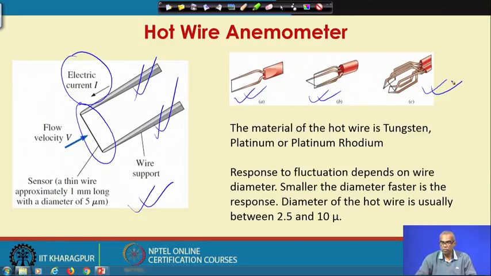Response to fluctuation depends on wire diameter. Smaller the diameter, faster is the response. The diameter is small, normally in the range of 2.5 and 10 micrometer. Typically 5 micrometer is often used, but smaller the diameter, faster is the response.